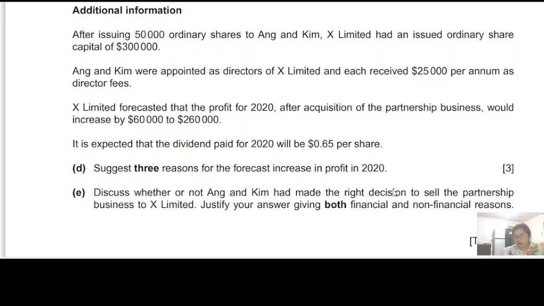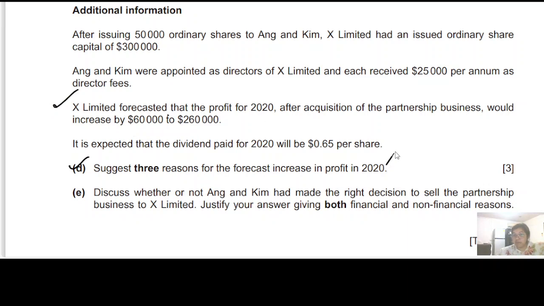So these are all forecasts. In the D part they ask you to suggest 3 reasons for the forecast increase in profit in 2020. So why do they forecast this, like there is an increase in profit in 2020, they forecast this thing.